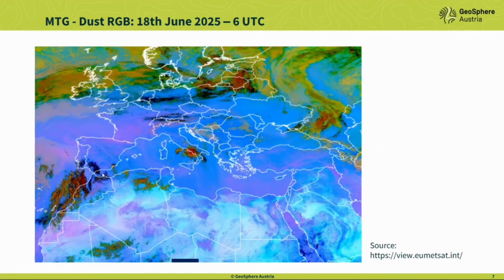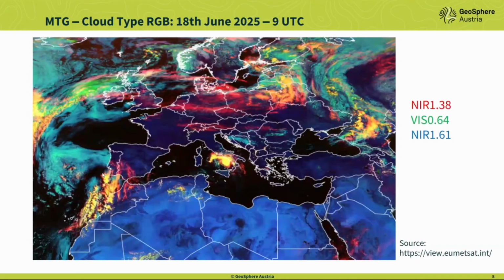And there's also this new RGB, the so-called Cloud Type RGB. You can see the recipe here on this side. As you see, it's using the infrared and visible channels. So this product is only available during daytime hours, in contrast to the dust RGB, which is available 24/7. But you can see here also very nicely the thin cirrus in red colors.